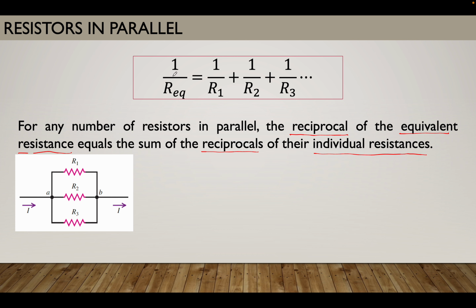When we say reciprocal, it is 1 over the equivalent resistance or R equivalent. So we have 1 over R equivalent is equal to 1 over R1 plus 1 over R2 plus 1 over R3 and so on, depending on how many resistors you have naka-parallel.